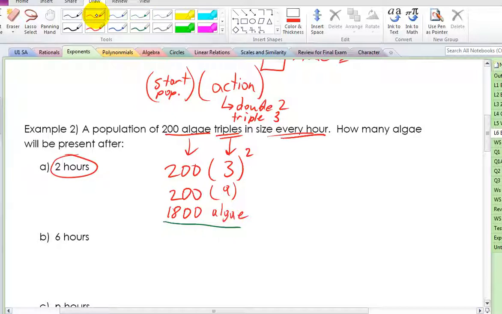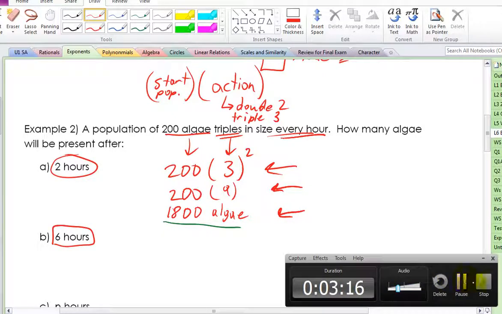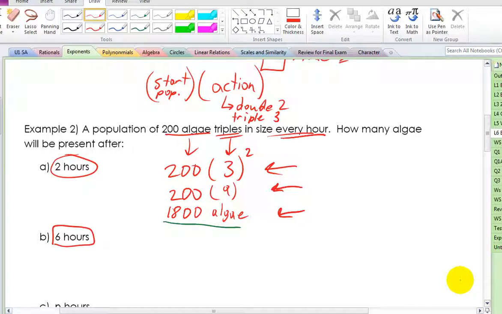Okay, figure out the answer for 6 hours. Now you should have 3 lines of work. Just use the appropriate numbers. Go. Okay, so 200 times 3, and it happens 6 times, so it triples 6 times. So the exponent shows the repeated multiplication of the 3.